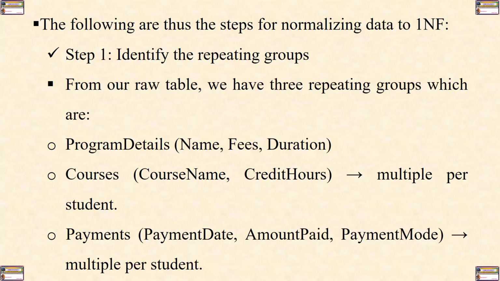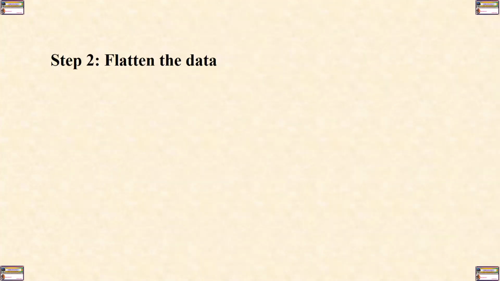We have also seen the payments field, where we have repeating groups: payment date, amount paid, and payment mode, all of them lumped together for each student.